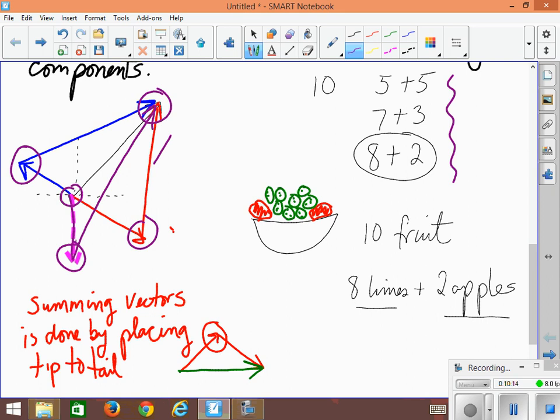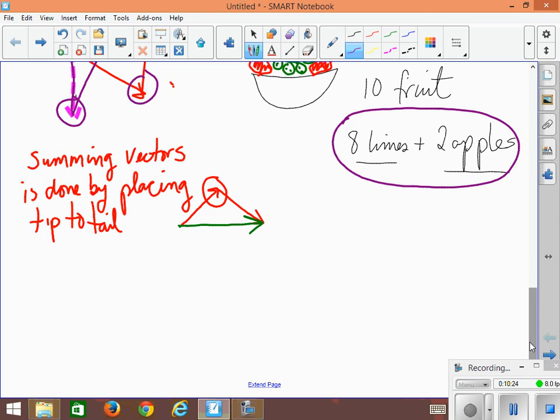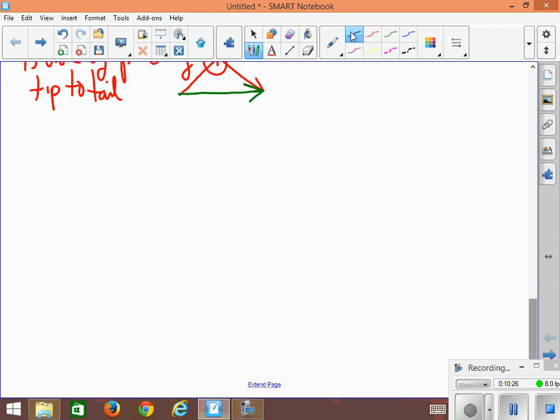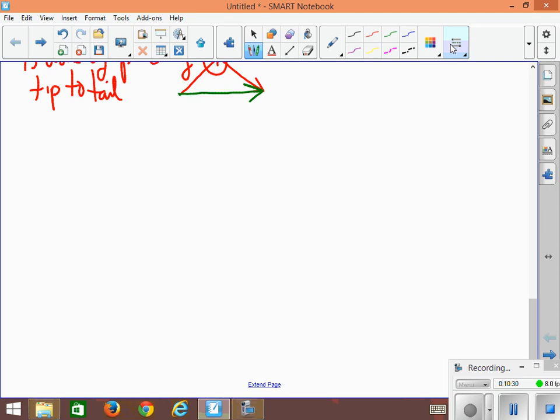Now, why is this useful? Well, just like this was a little bit useful in the fruit, identifying the apples and limes, there are two specific vectors that are quite useful for us. So let me draw that vector again. I'll make this a little bigger so we can work with it. And our line from here to here.